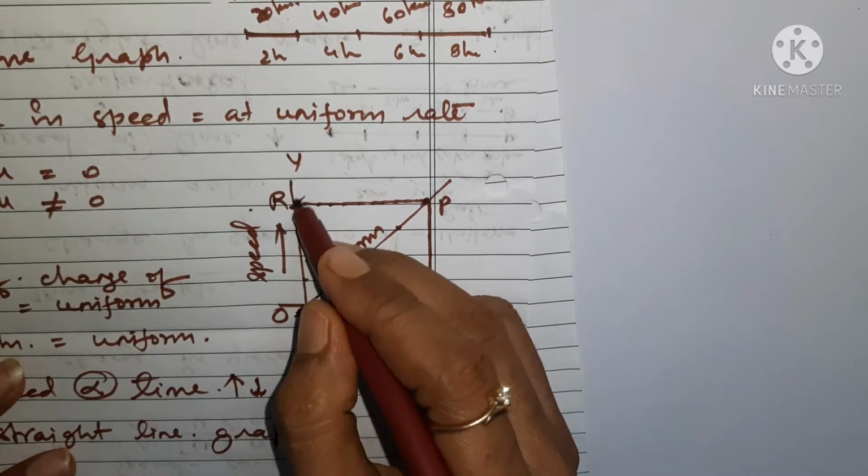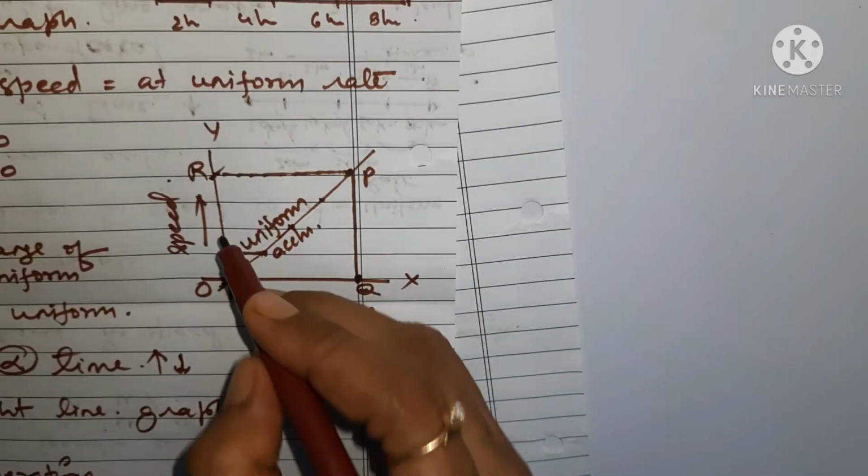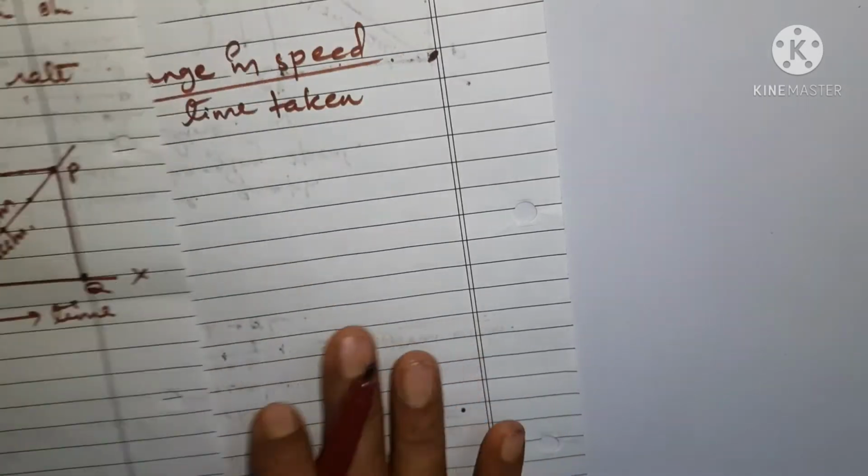This is the change in speed, right? Speed is changing from 0 to R, right? So change in speed is what?